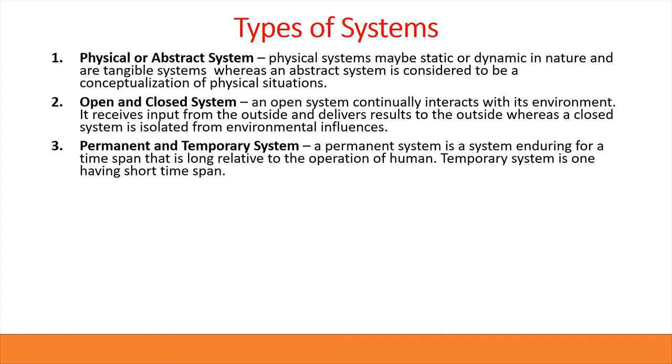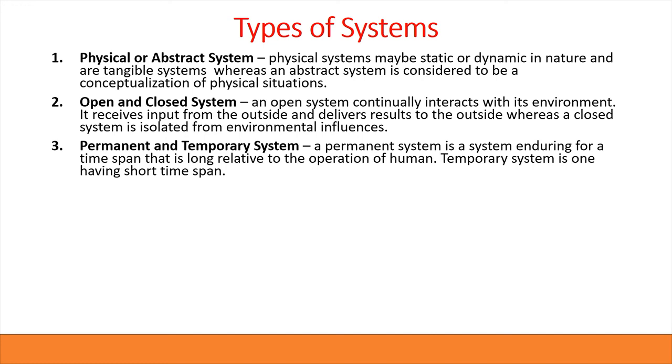We are trying to say that one particular machinery has a longer lifespan than an individual who works. Okay, that is one concept of a permanent system. The next is a temporary system. A temporary system obviously has a shorter lifespan, or it will be used for a very short term.